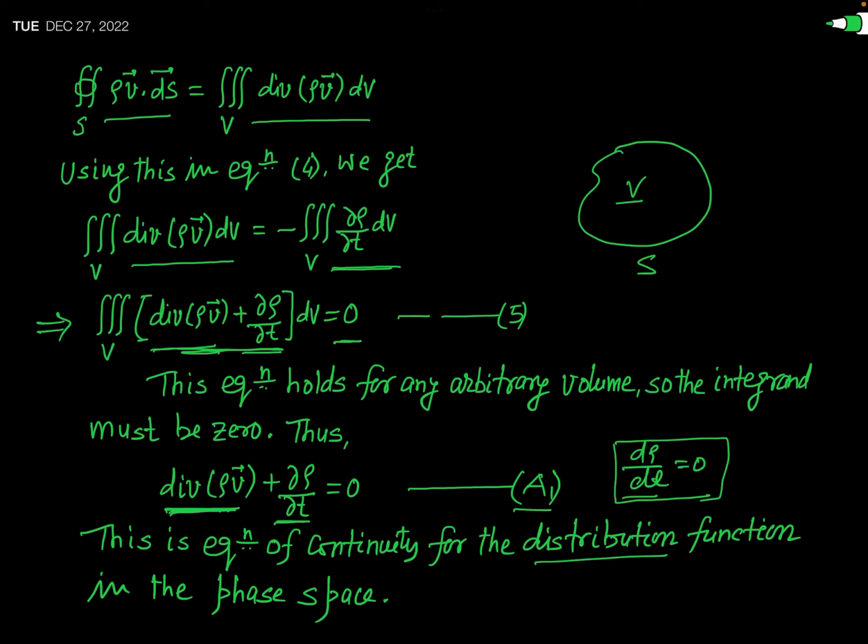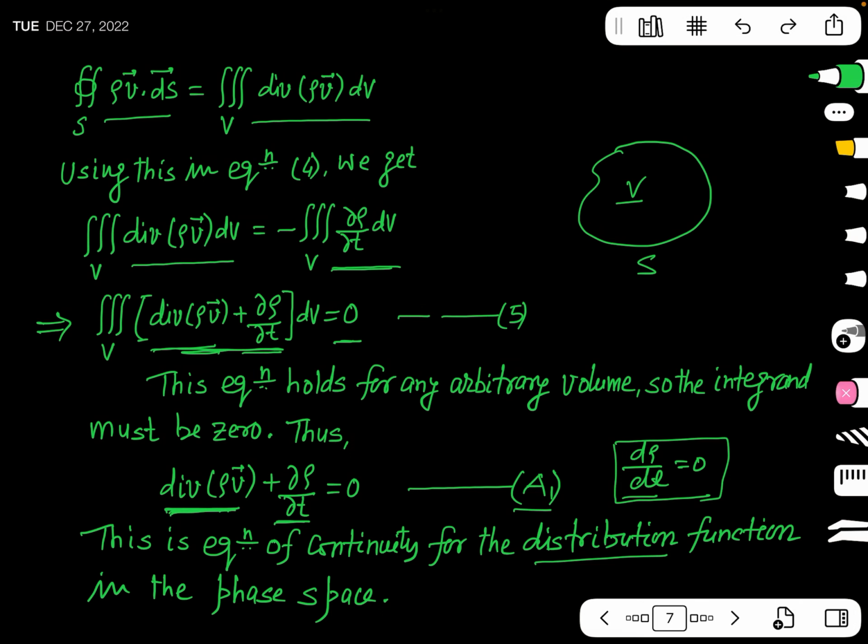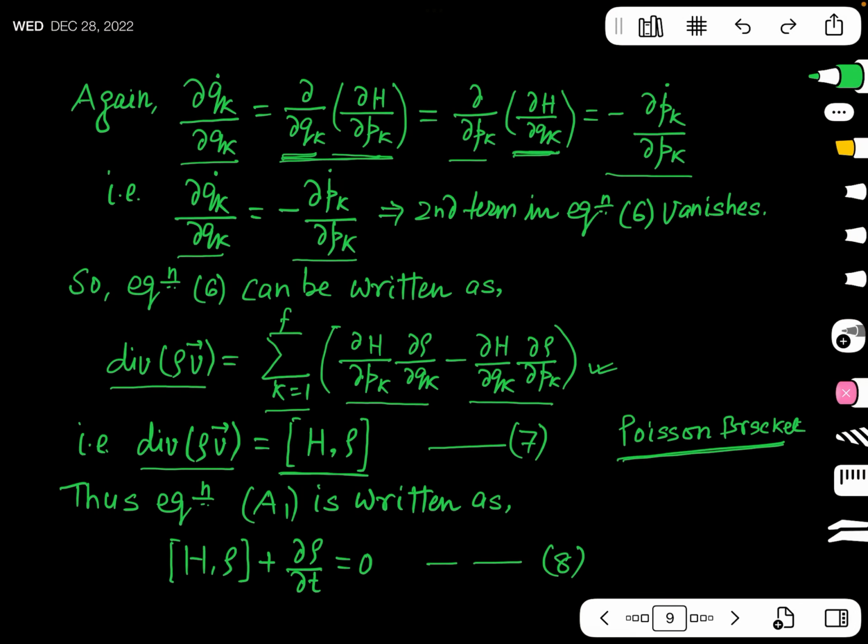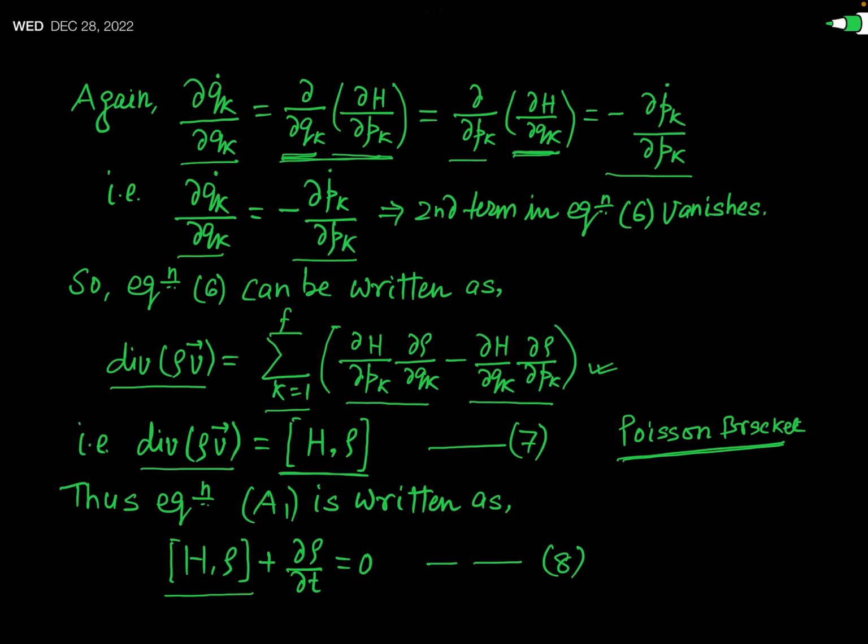So instead of divergence of ρv, we will write that term, and the second term ∂ρ/∂t will remain as it is. So now the equation of continuity can be written like this: the Poisson bracket of H and ρ plus ∂ρ/∂t equals 0.